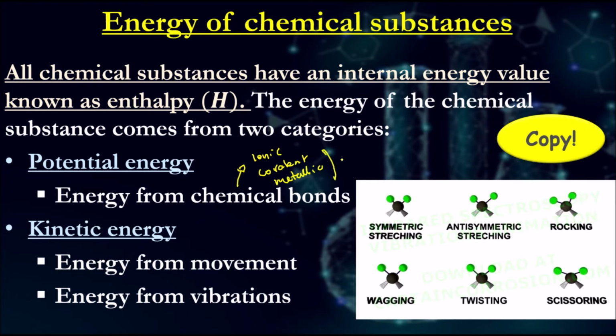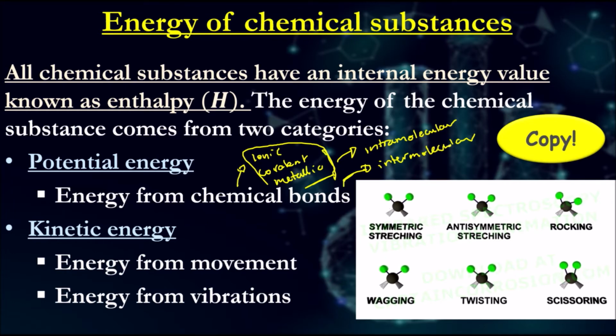And obviously we can look into things such as their intramolecular, which we'll talk about a little bit more later on in a different part of this course, and intermolecular. So these are all examples of intramolecular, and then we have intermolecular, which is slightly different.